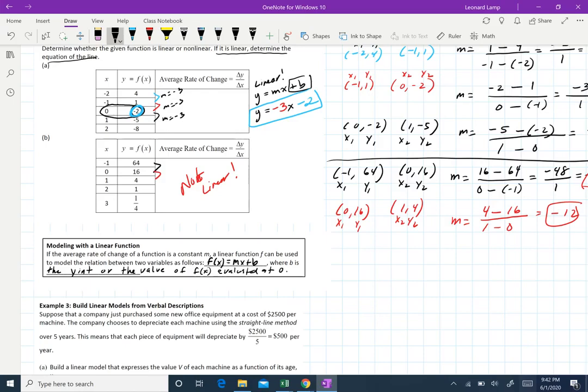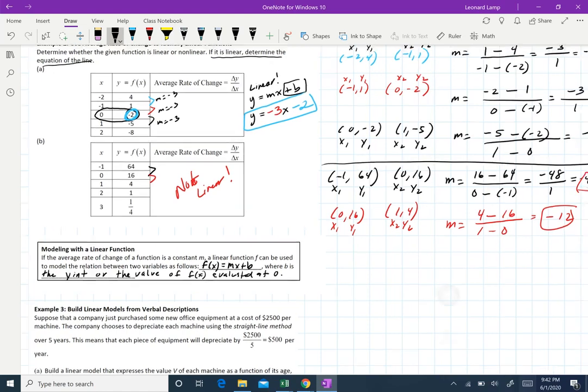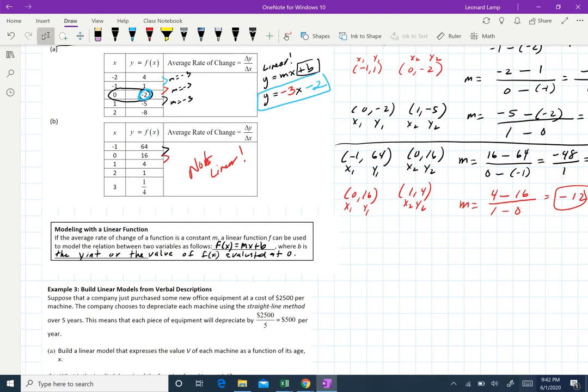That's how your book describes it. All that's telling you is that when you substitute in 0 for x, your b value is the value of the function, which we already know, if you plug in 0 for x, that's the y-intercept. So nothing's really changing here.